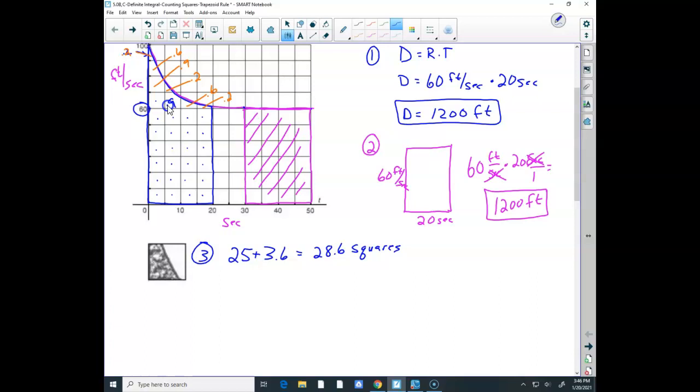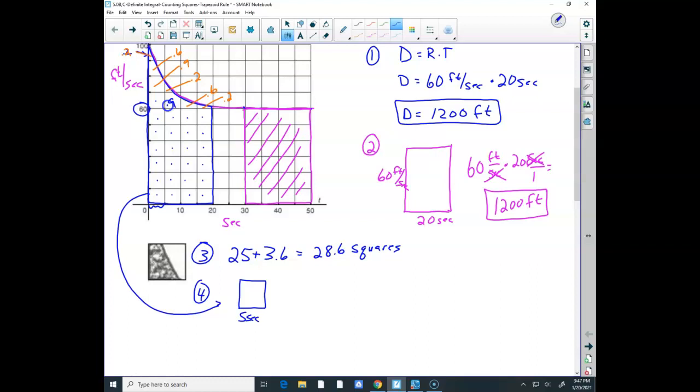Now, the next part says number 4. Number 4 says, how many feet does each small square on the graph represent? Well, if I take this little square here, I can see my bottom unit, from here to here, looks like 5 seconds, okay?